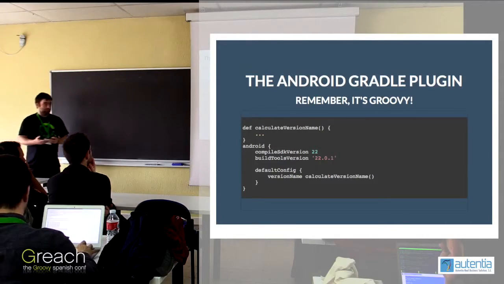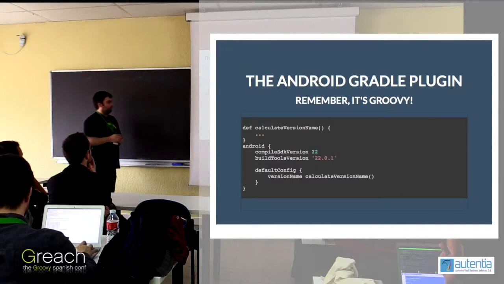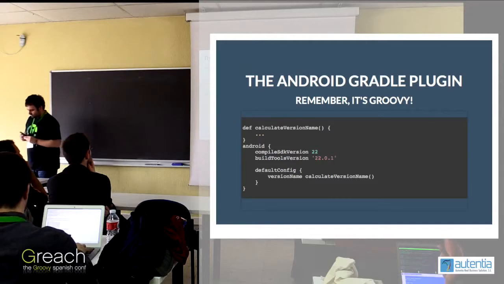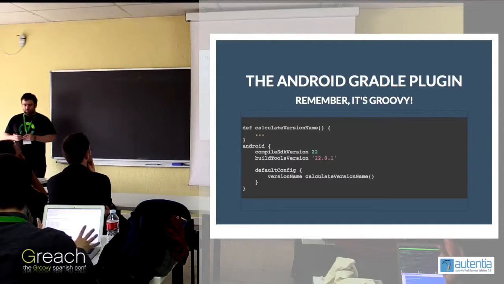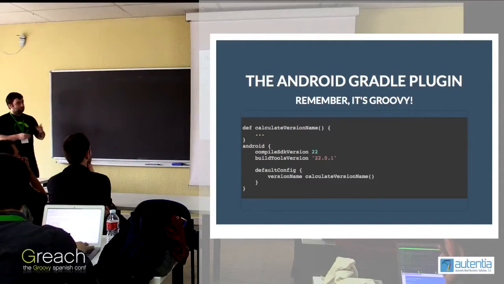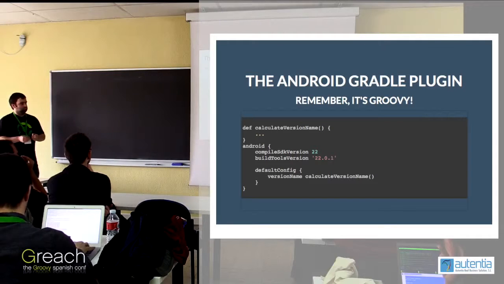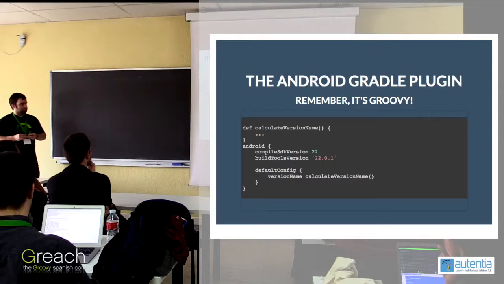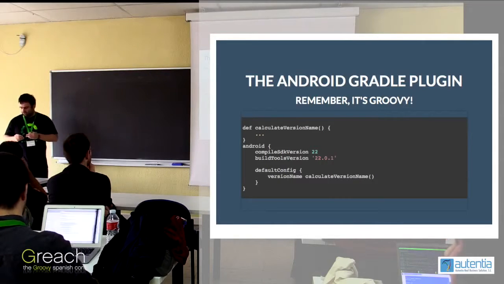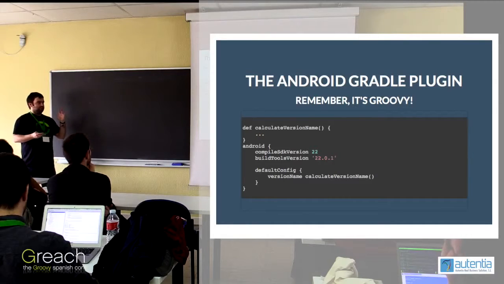And always keep in mind that it's Groovy, so instead of having a fixed string for version name, you can always add your own logic to it, and the implementation to calculate your version name can be as complex as you like, right?